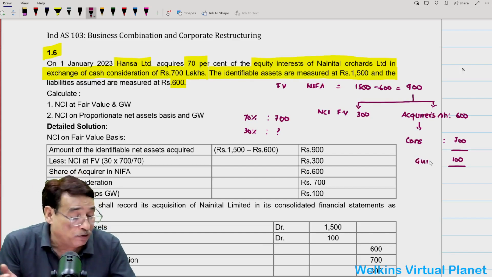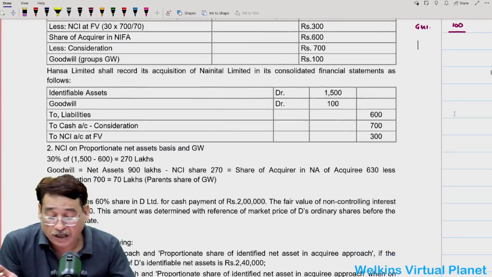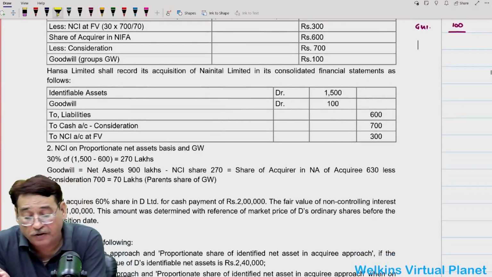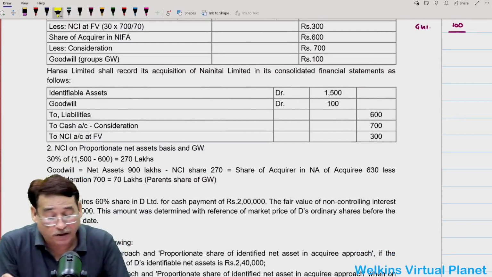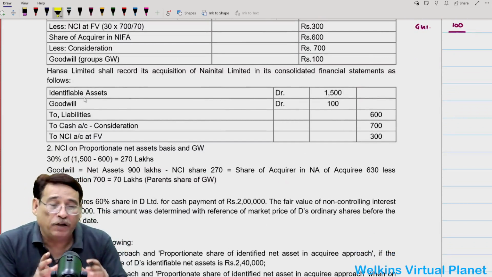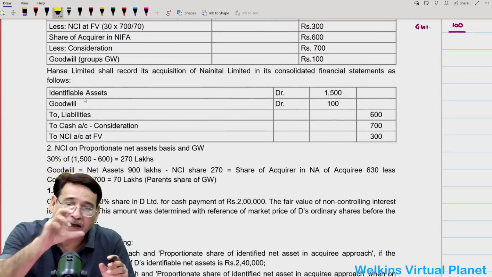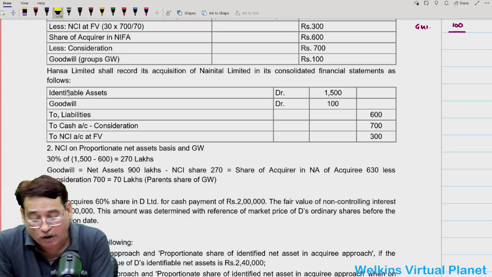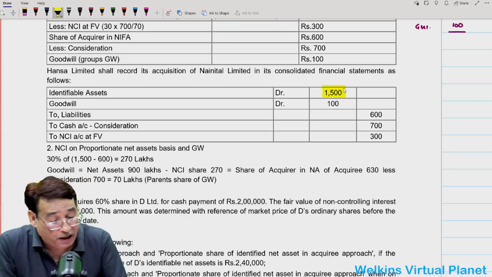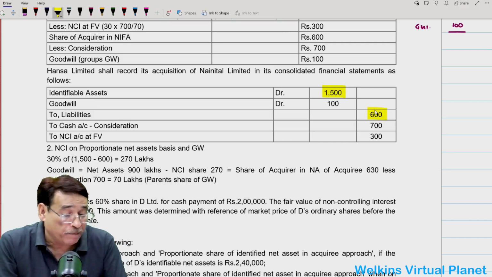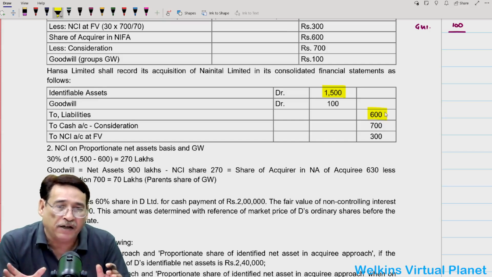So this is how you will solve this question, but at the same time, if you want to pass the entry, you will have to pass the entry in this manner. First of all, whenever in the question asset and liability are given, in the entry also you write assets separately and liabilities separately. So if I have written asset 1,500 and liability towards the credit side, it means I have reflected net assets of 900 lakhs.